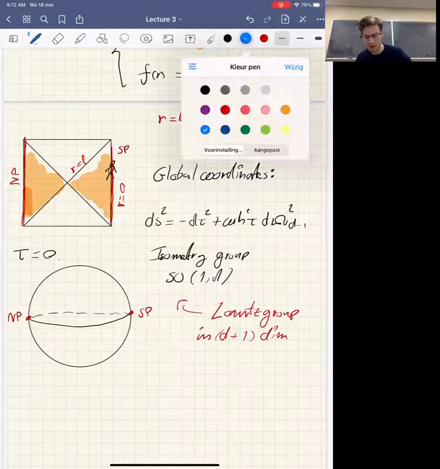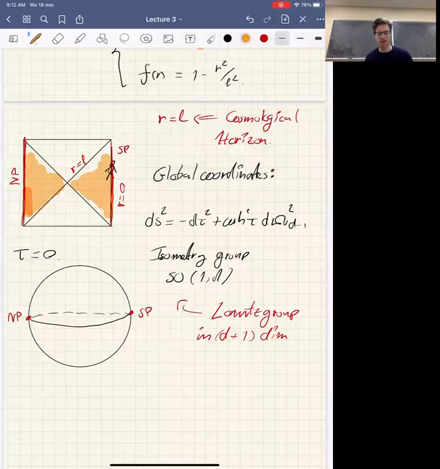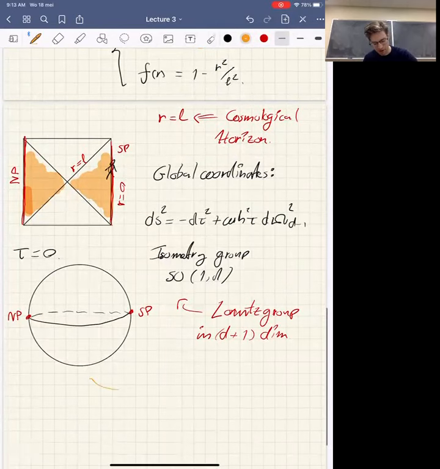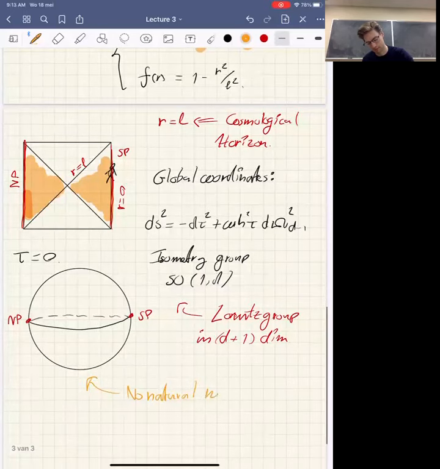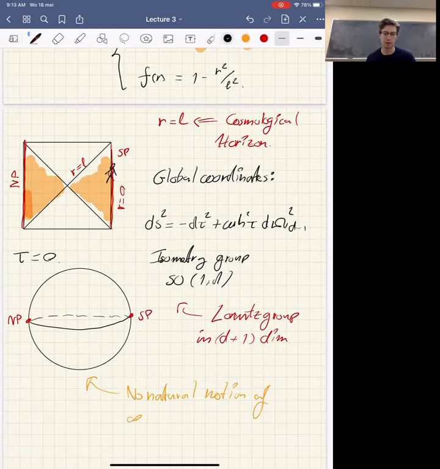One important aspect of the fact that the time slices of de Sitter space are spheres is that there's no natural notion of spatial infinity. This should be contrasted, for example, with anti-de Sitter space, where we have asymptotic boundaries at spatial infinity, or with flat space, where we have null boundaries.